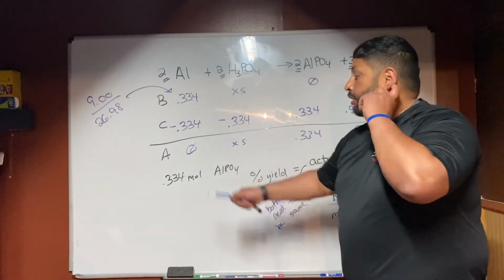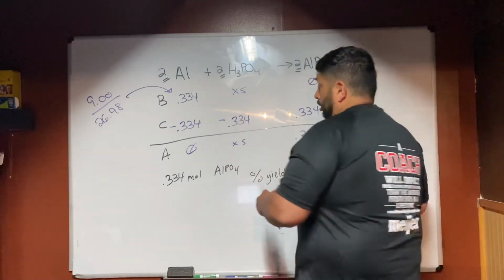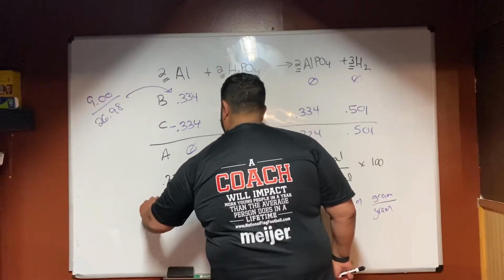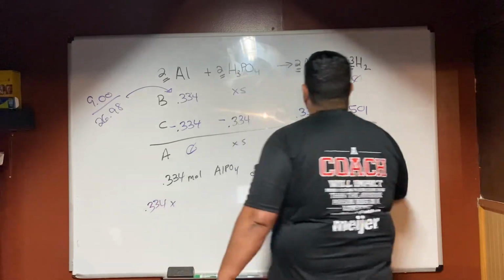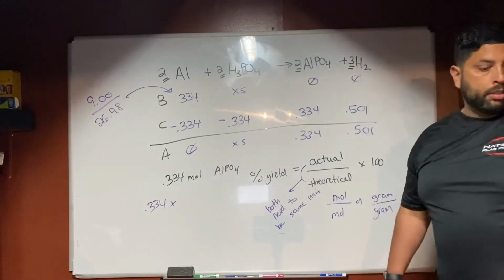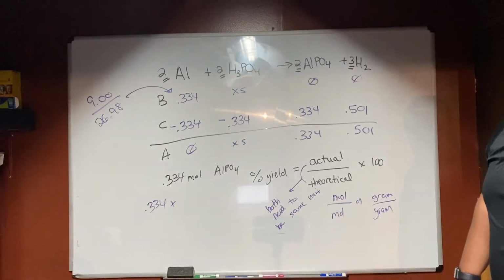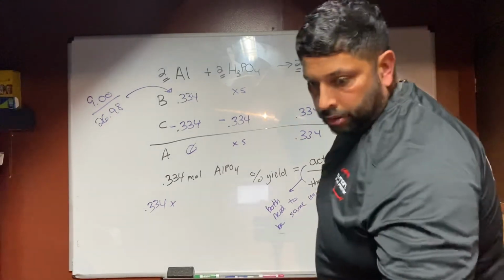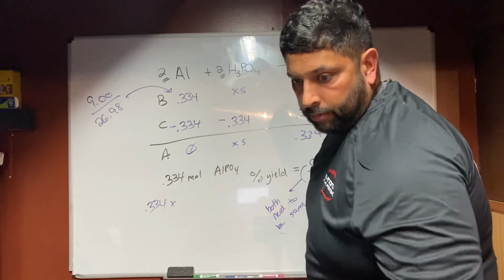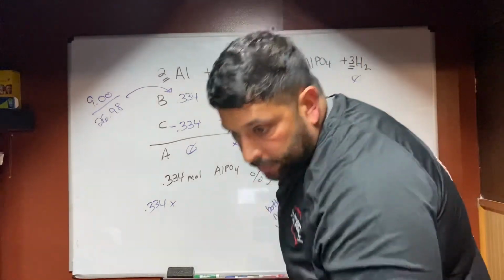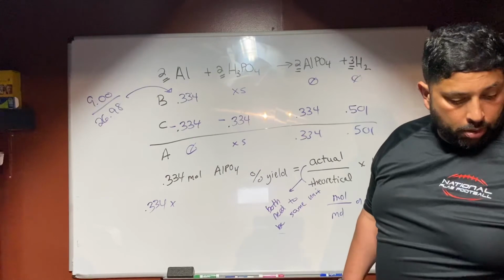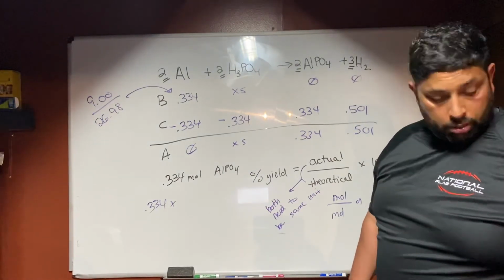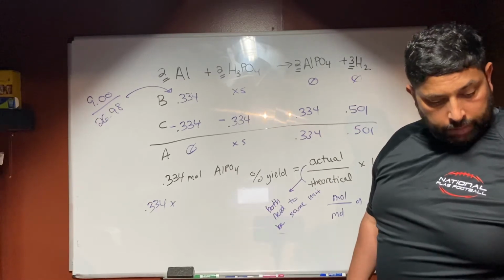I'm going to change this into grams, which takes me out of the BCA chart. So I take 0.334 times the molar mass of aluminum phosphate, which is 26.98 plus 30.94 plus 4 times 16.